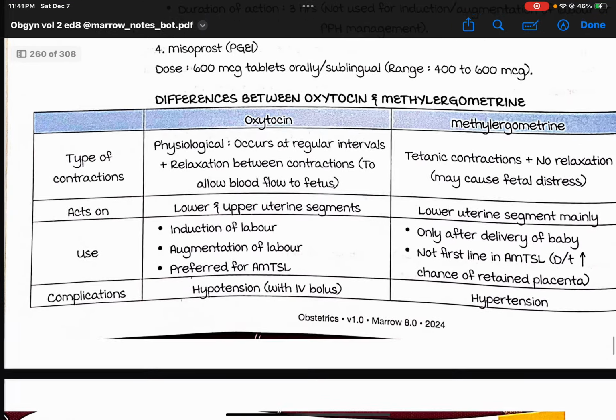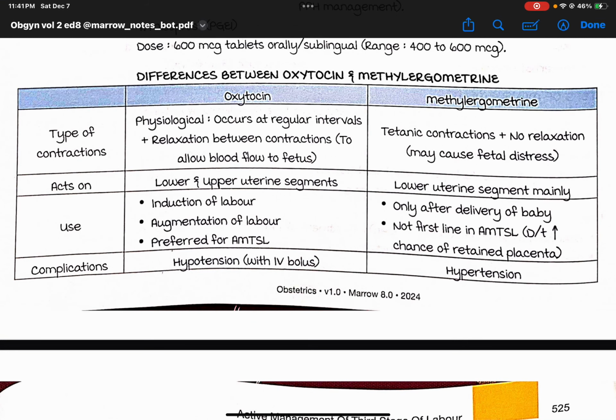Differences between oxytocin and methylergometrine. Types of contraction: in oxytocin, physiological contractions occur at regular intervals, with relaxation between contractions to allow blood flow to the fetus. Methylergometrine causes tetanic contractions with no relaxation, which may cause fetal distress. Oxytocin acts on lower and upper uterine segments, while methylergometrine acts mainly on the lower uterine segment.